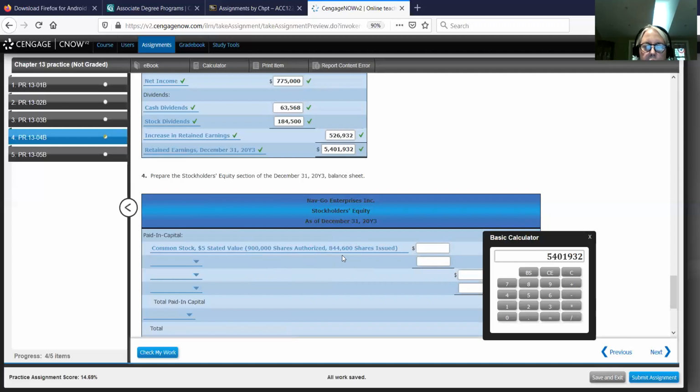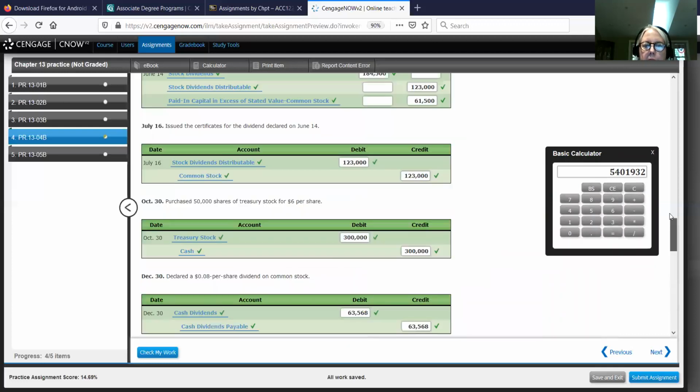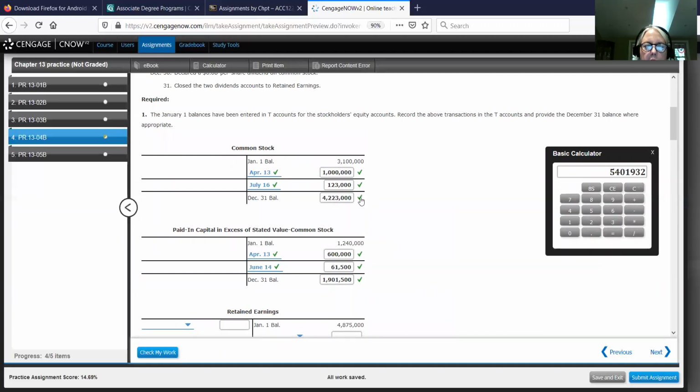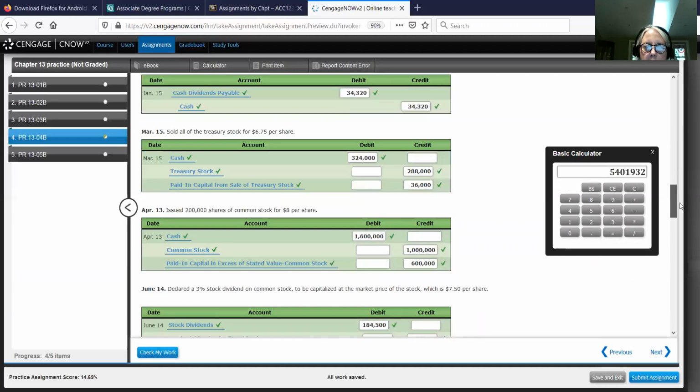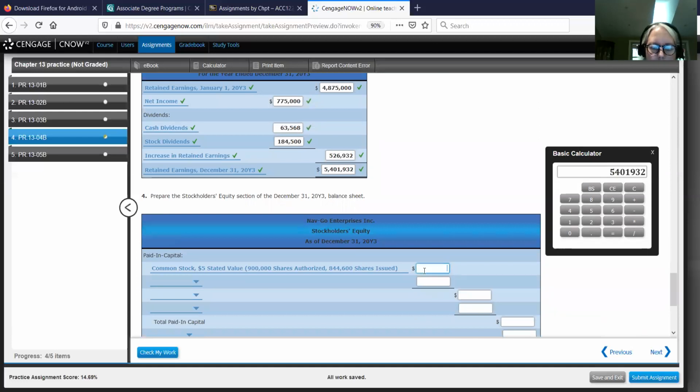This will balance up to that Excel spreadsheet that we prepared earlier. The common stock dollar amount is going to come from the ledger account for common stock. Common stock had a balance of 4,223,000. And that's what goes in as the dollar amount.